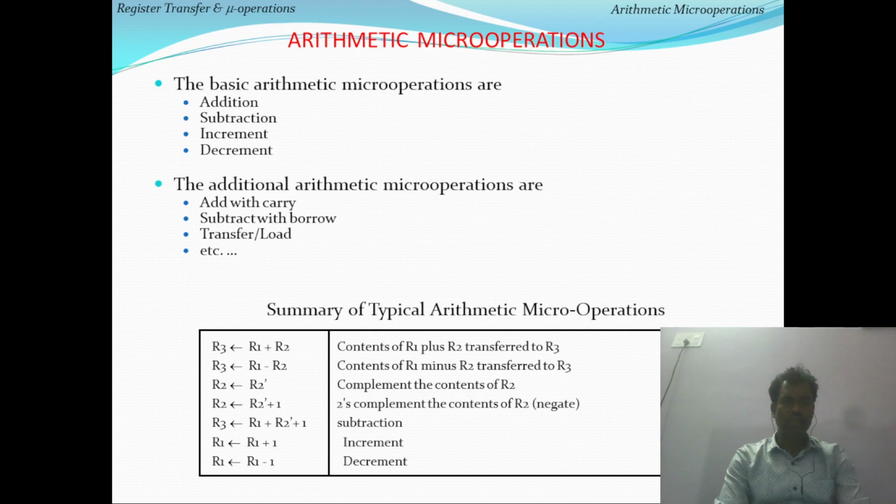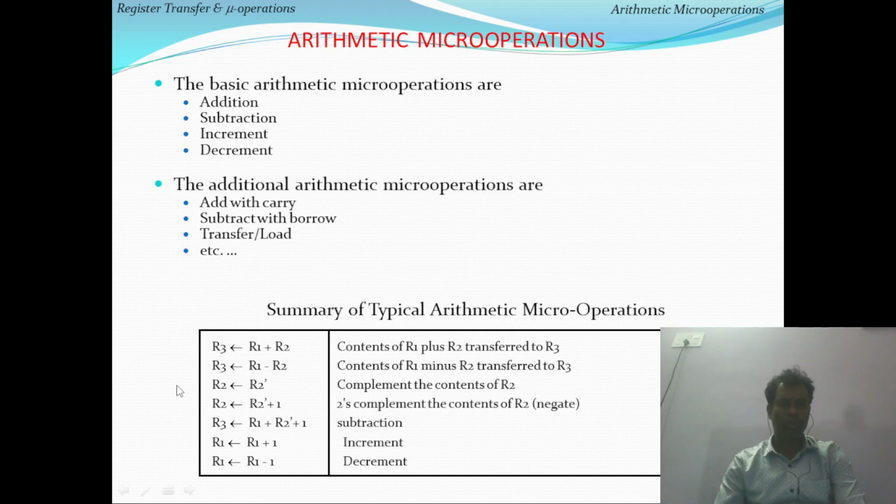Addition can additionally support add with carry and subtract with borrow, and without performing addition you can just perform transfer and load, by adding with zero. So these are the summary of the arithmetic operations in register transfer language.